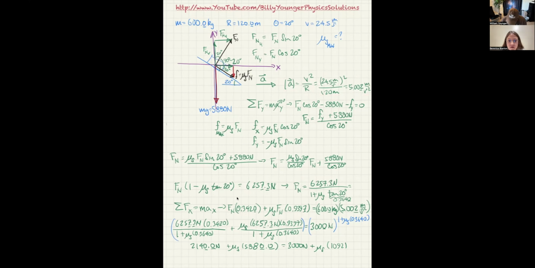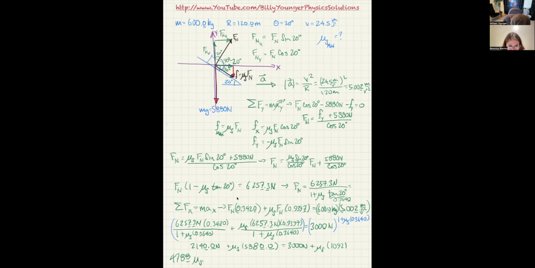So now I've got it reduced to some extent. All I have to do is get these two mu s terms on the same side of the equation. I see that the coefficient is quite big over here on the left, so I'm going to pull the 1092 mu s to the right. So I get 5880 minus 1092 gives me 4788 mu s.